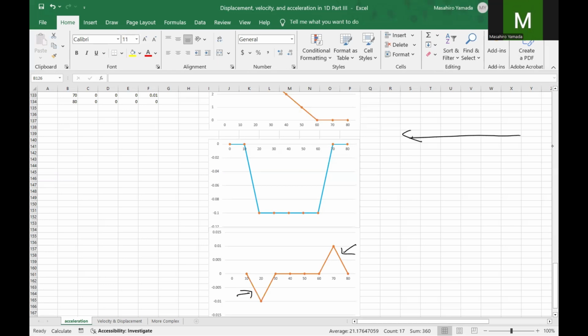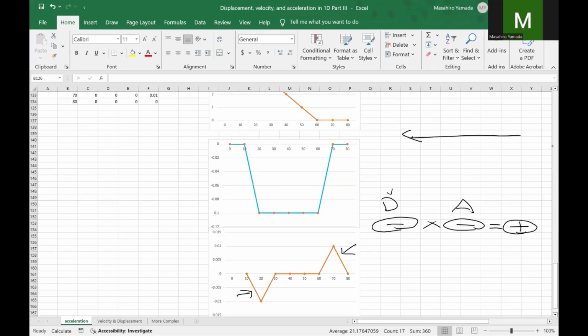Again, you do the sign multiplication. When the direction is negative and the acceleration is also negative, you multiply the signs, negative times negative, and now it gives you a positive sign.